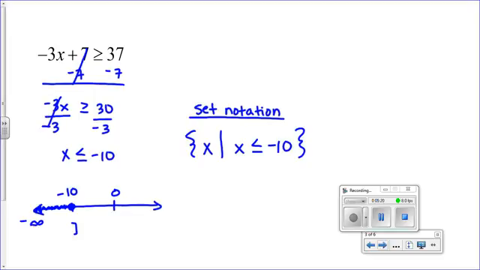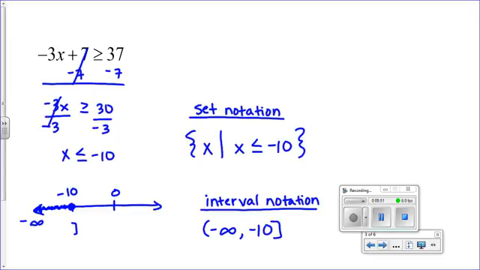So that's going to help me with my interval notation. So you always have to write your intervals from the smallest to the biggest number. So I can't get any smaller than -infinity. So this one I have to start with -infinity, and then it goes up to -10. I include -10, so I have a bracket.